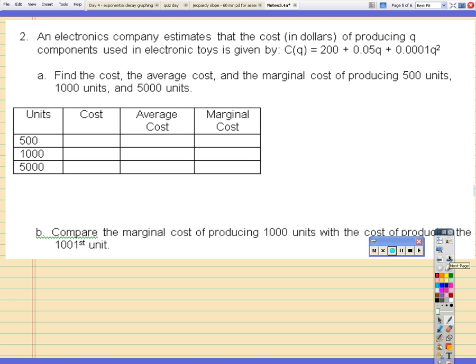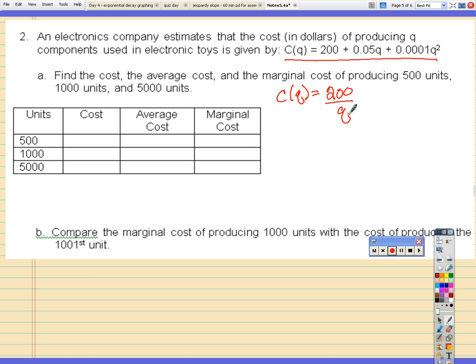Okay, so an electronics company estimates the cost in dollars of electronic toys to be this formula. So we're going to find the cost, the marginal cost, and the average cost for 500, 1,000, and 5,000 units. That means first we need the average cost formula.